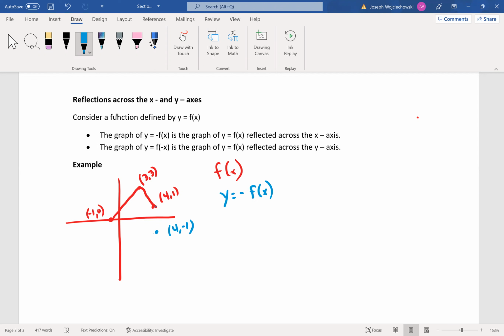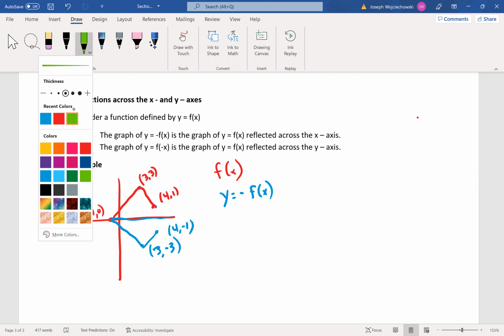Here I have 3, -3. And here my y would be the same. Now, can you see how that would flip? If I folded it here, this would come here and they would touch. It's a reflection.